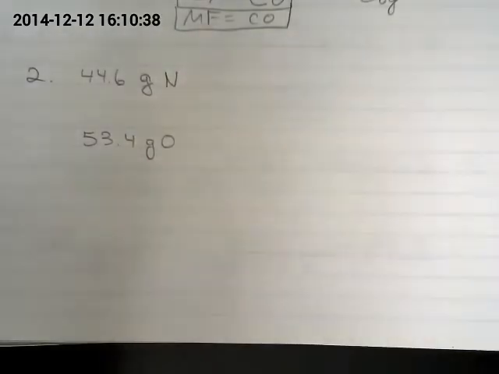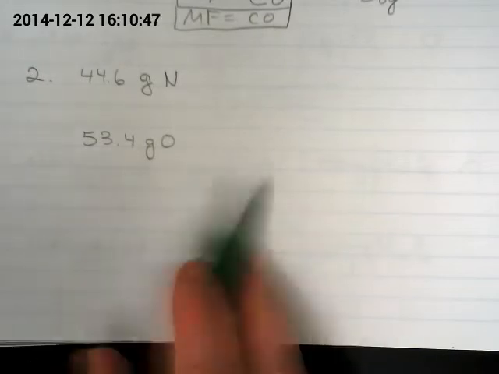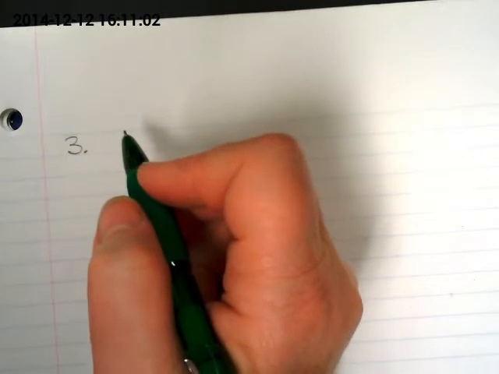And I'm going to actually let you complete the rest of this problem. My answer sheet will be posted on Edmodo, so you can look and see if you did this correctly. Problem number 3 is 3 steps, so we're going to go to problem number 3.